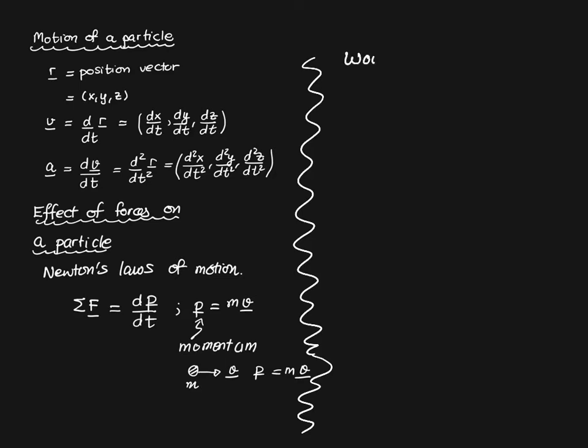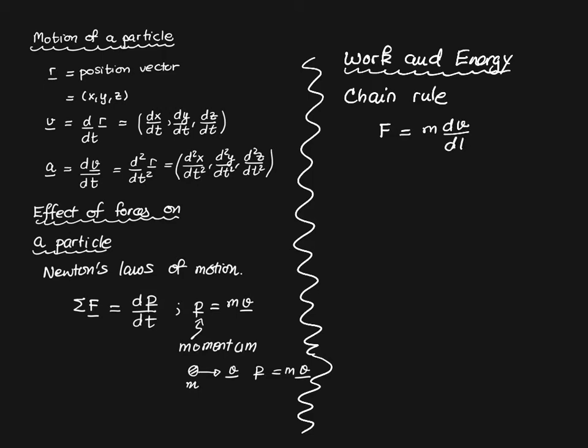In order to do this, we use the mathematical trick known as chain rule. We start with force equal to m dv by dt. We consider a single particle under the influence of a single force along one-dimensional motion along one axis, which is the x.